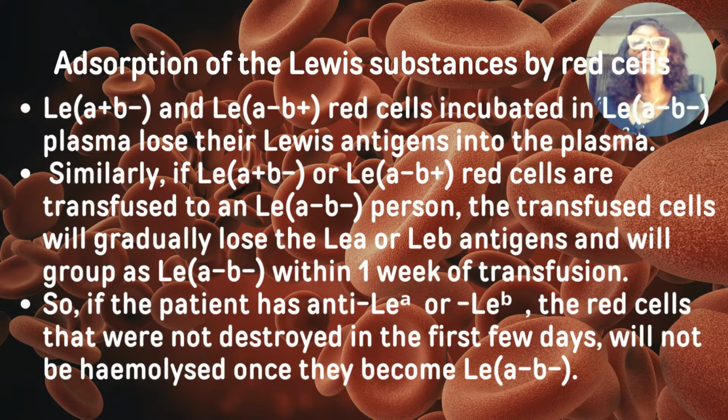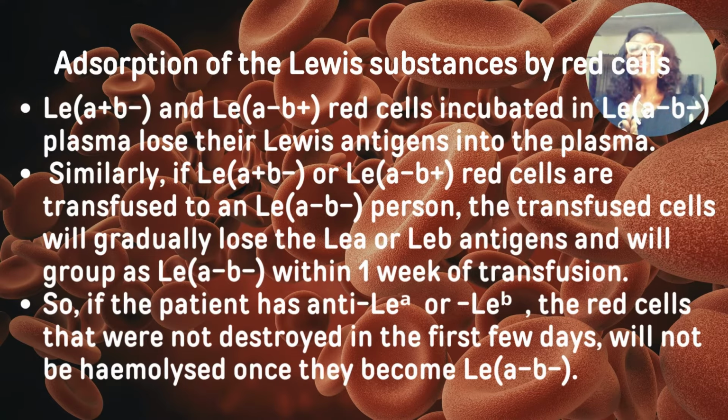This is very peculiar to the Lewis blood group system because remember, these antigens initially are found in the plasma. They are not red blood cell antigens, so they are absorbed on the surface of red blood cells.